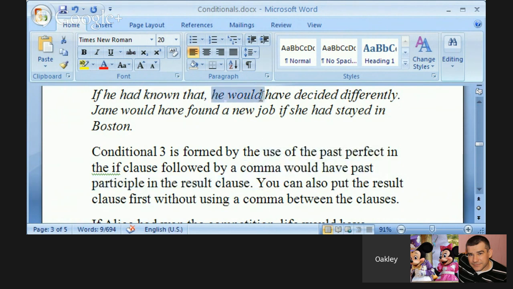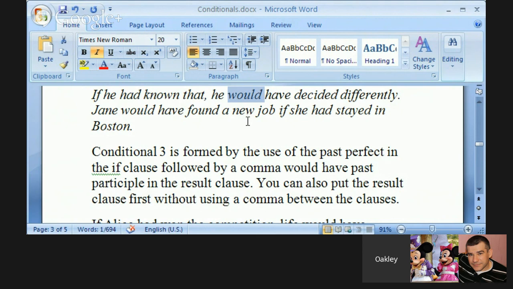Okay, in the would clause, notice what we have here. Would have decided. We have our modal. Okay, I can swap out modals. I can use may or might. I can throw in adverbs if I want to. Probably would. Most likely would.